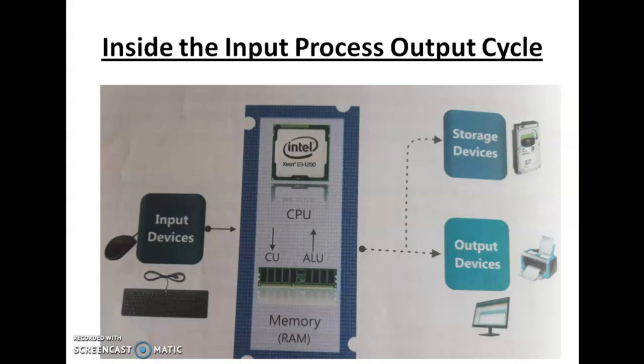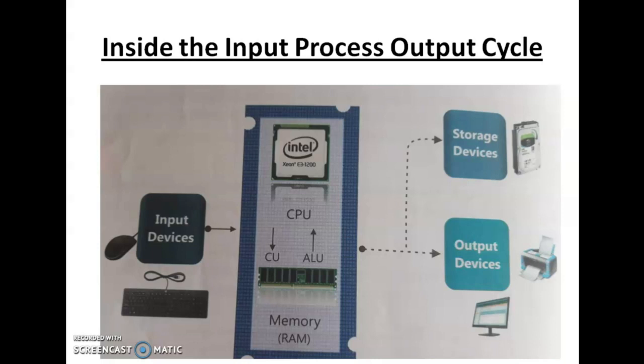Thereafter the CPU uses the computer's main memory, that is RAM, to store the result of the processing. After the processing is done, the CPU sends the final result from the memory to an output device for displaying it. The control unit is responsible for this.